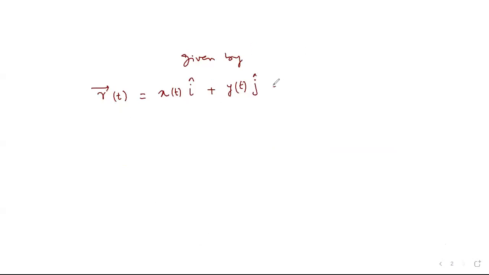So let us substitute for x of t, which is t cube, let me use another color, t cube minus 32t i cap plus y of t is 5t square plus 12 j cap.